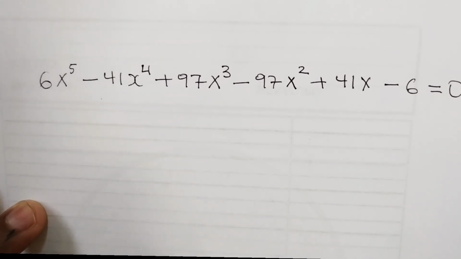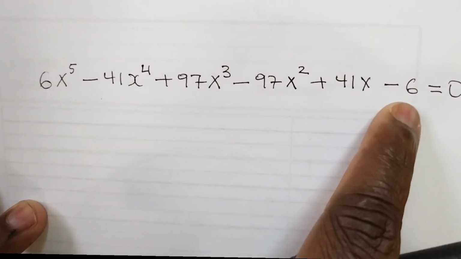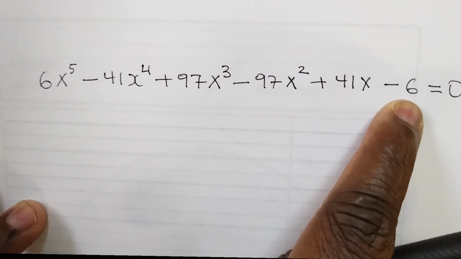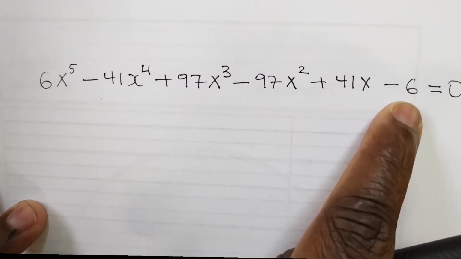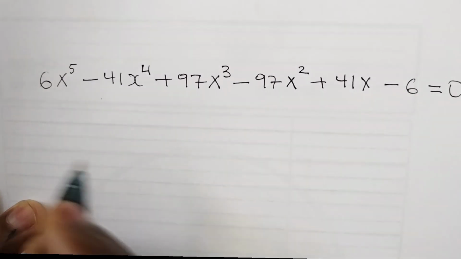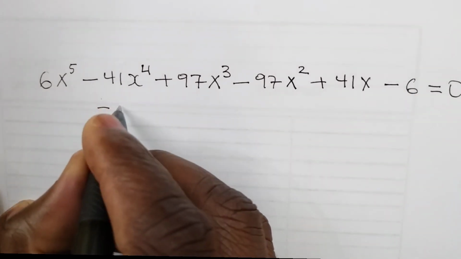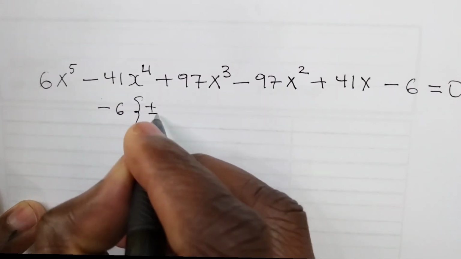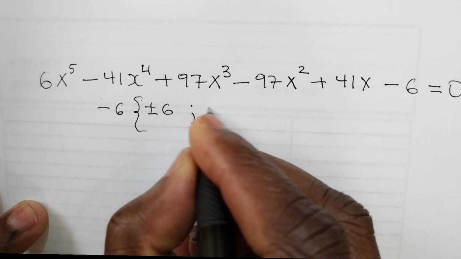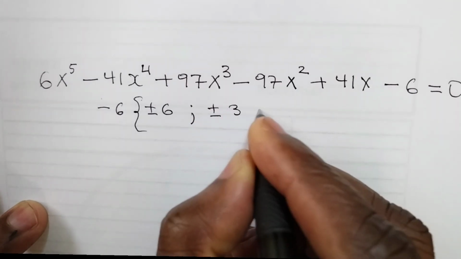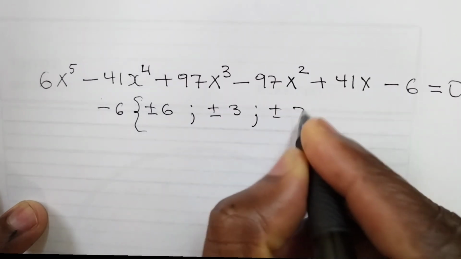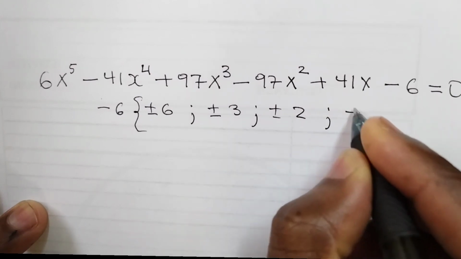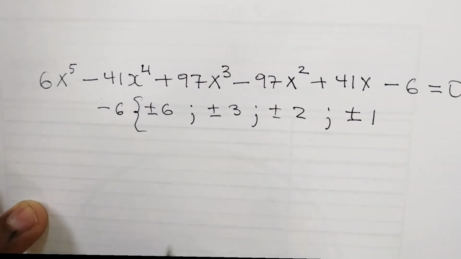First of all, I'm going to take the independent term, the term minus 6, and try and find the possible values that can divide minus 6. So minus 6 can be divided by plus minus 6, by plus minus 3, by plus minus 2, and by plus minus 1 last.